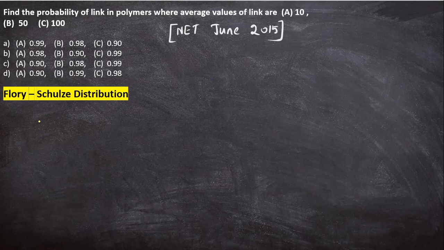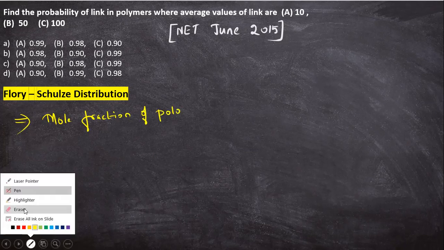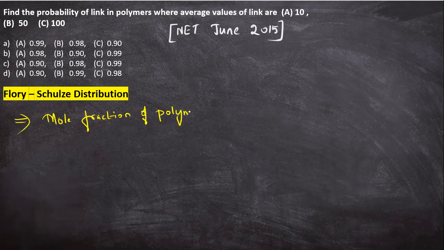Guys, this distribution is telling about the mole fraction of polymer of chain length n, a polymer having chain length n.